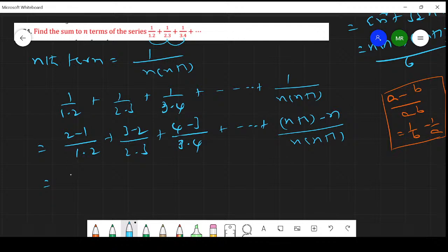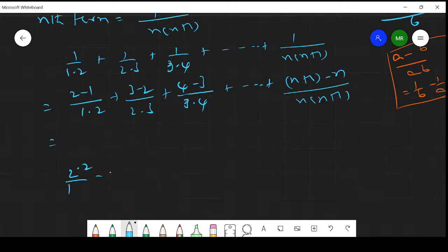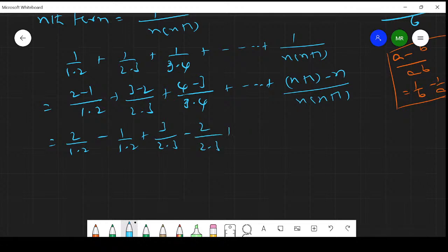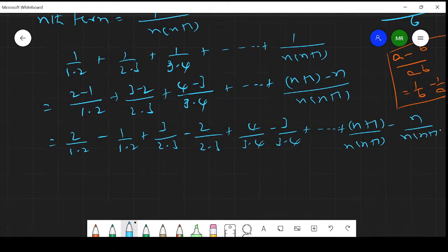Write (2 minus 1) by 1 into 2, that is 2 by 1 into 2 minus 1 by 1 into 2. Then 3 by 2 into 3 minus 2 by 2 into 3, plus 4 by 3 into 4 minus 3 by 3 into 4, and so on, plus the last term, (n plus 1) by n into (n plus 1) minus n by n into (n plus 1).